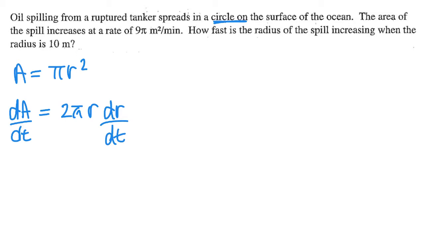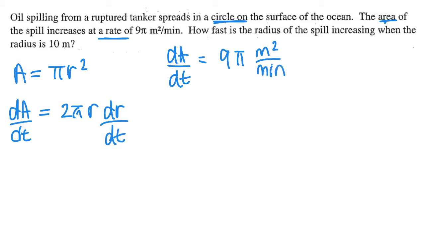And so I would finish reading the problem now that I saw that it's going to be a circle. The area of the spill increases at a rate. So I would stop here. We have a rate, and it's the area. So that tells me that dA over dt is going to be 9 pi meters squared per minute.